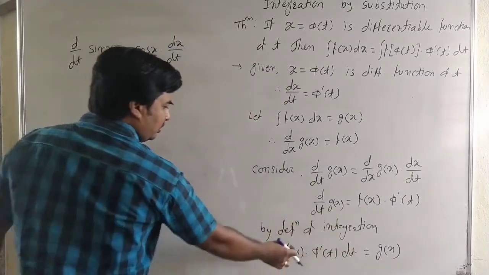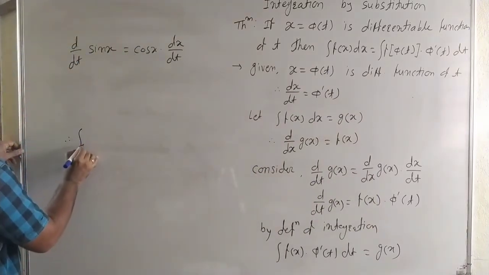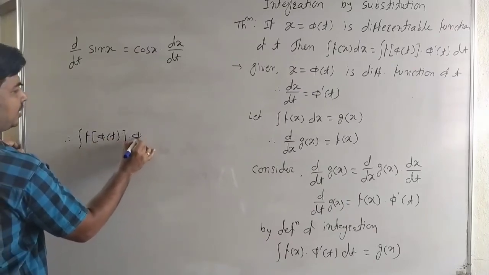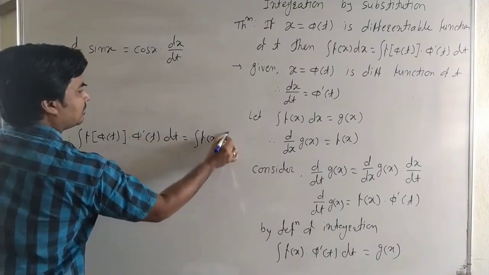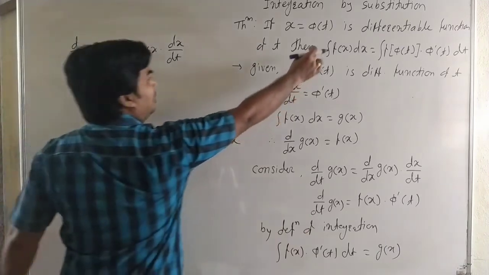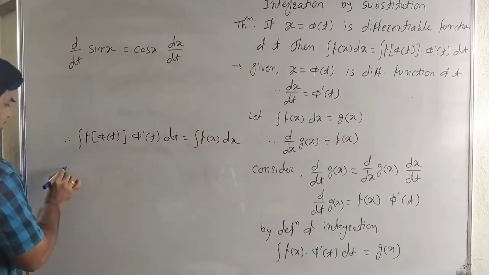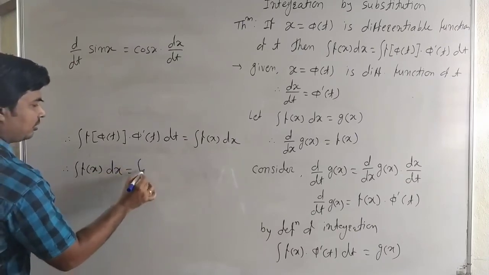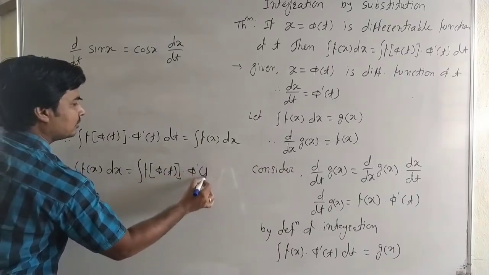Now replace x by phi of t, and g of x is the integral of f of x. Therefore, the integral of f of phi of t into phi dash of t dt is equal to the integral of f of x dx.